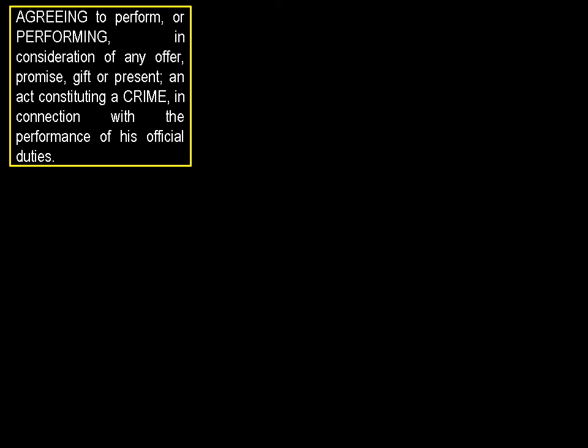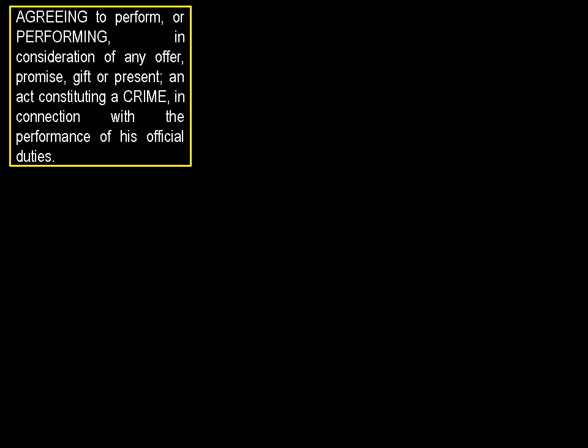So when a public officer agrees to perform, or performs, in consideration of any offer, promise, gift, or present, an act constituting a crime in connection with the performance of his official duties, that is considered direct bribery. So again, take note of the word agree, and the act would constitute a crime.